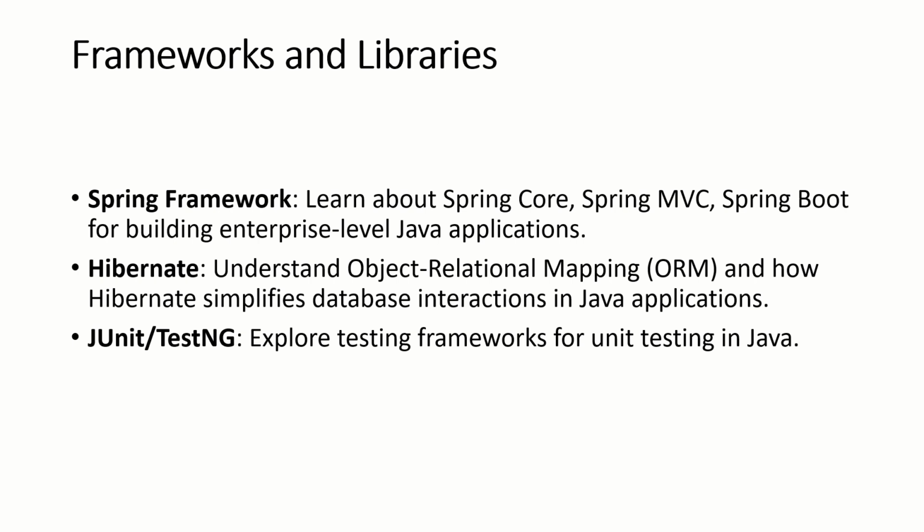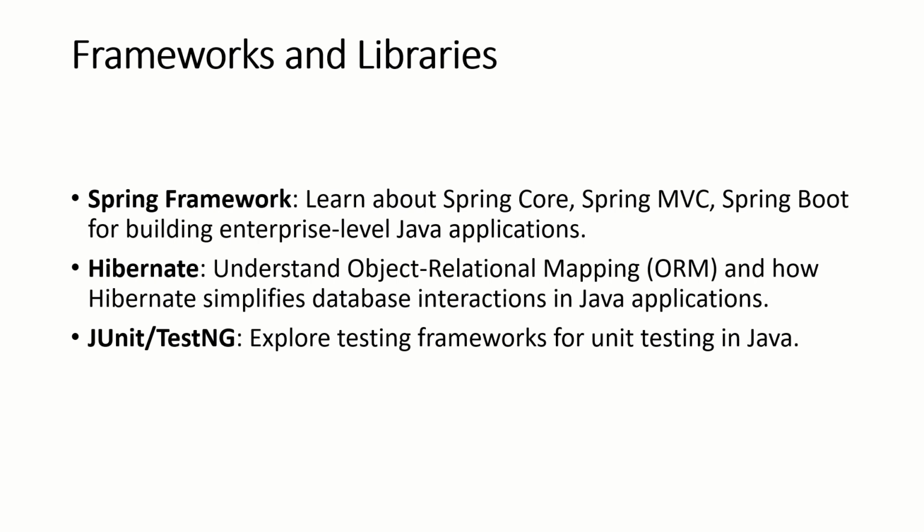The next thing you need to learn is Hibernate, which is an ORM tool that I already have discussed. This will help you to manage the Java object and map that Java object in the form of database tables, rows and columns.